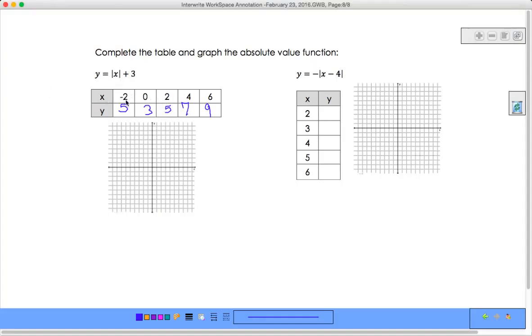And so I'm going to graph it, negative 2, 5. Zero, 3. And we can tell it's a vertex because then our pattern repeats. So it still has symmetry. 4, 7.